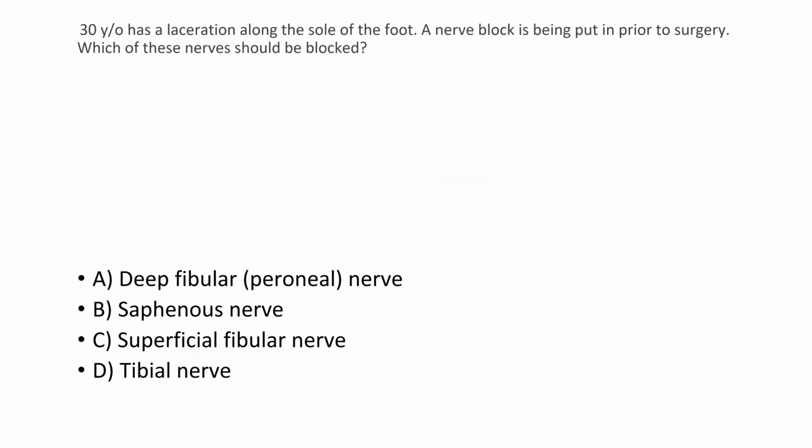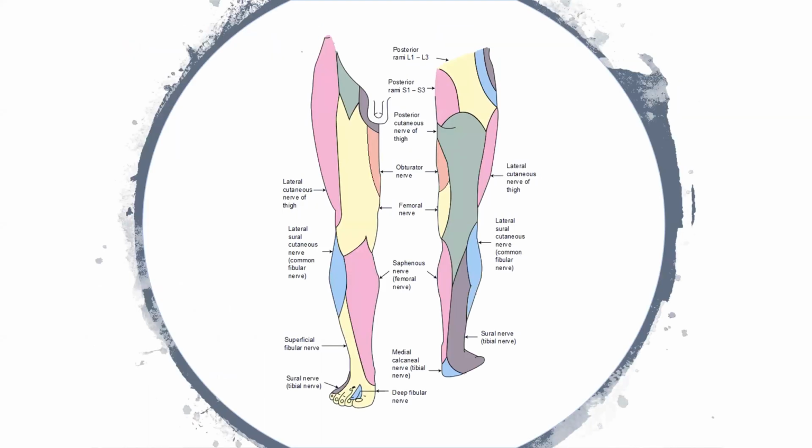A 30-year-old has a laceration along the sole of the foot. A nerve block is being put in prior to surgery. Which of these nerves should be blocked? So again, refer to this diagram. What nerve should be blocked, so they don't feel the entire foot?